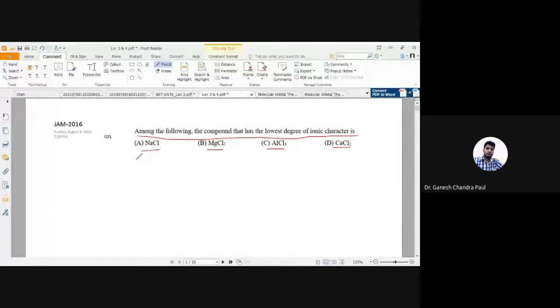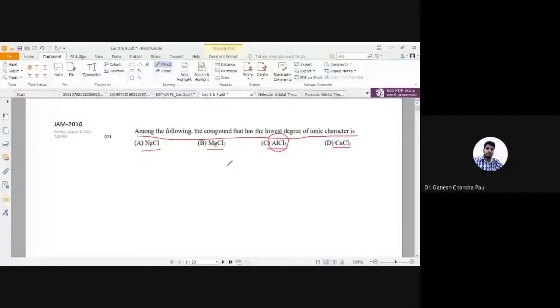Now sodium, magnesium, calcium, these are all alkali and alkaline earth metals, right? They are present as basic elements. And aluminum chloride, aluminum is a borderline element, right? Therefore, the lowest degree of ionic character present here is option C. That can be determined by Fajan's rule.